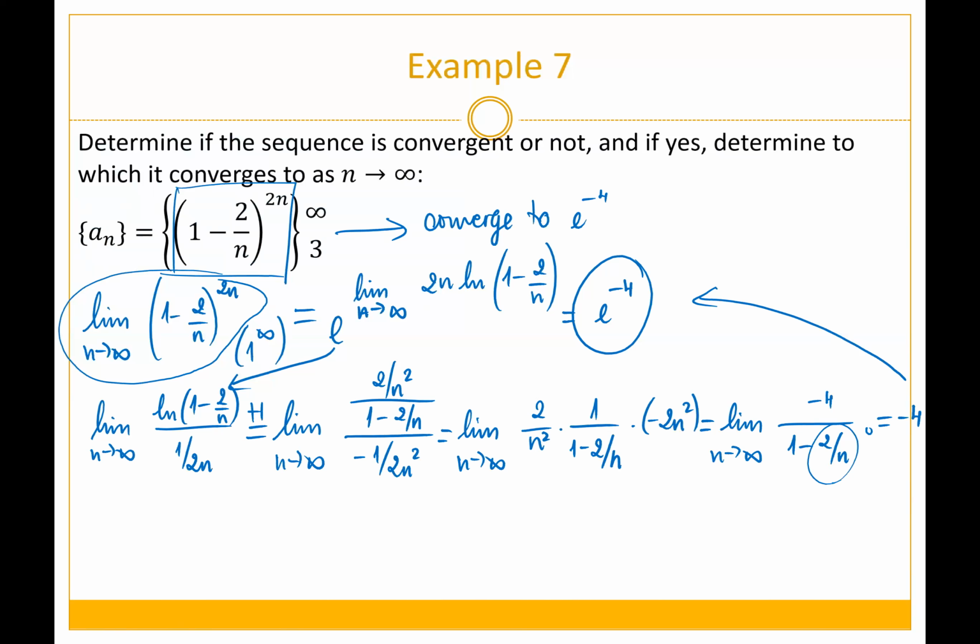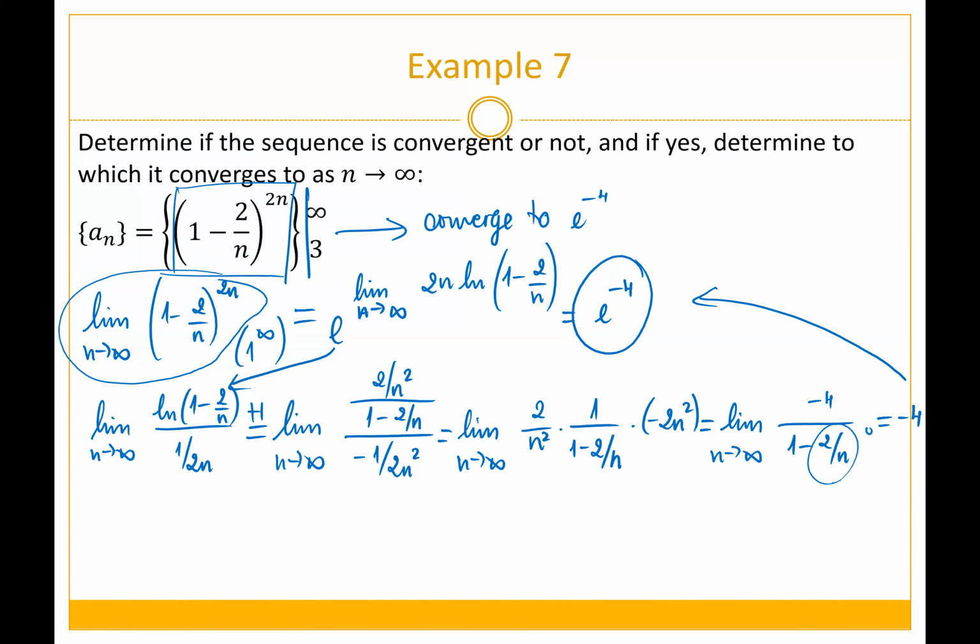Where did the 3 go? Oh, the 3 just means the sequence starts from the third term. So the first term in that sequence is when you plug in n equal to 3. The way that we write it, from 3 to infinity, just means that the first value that you plug into that sequence is 3.